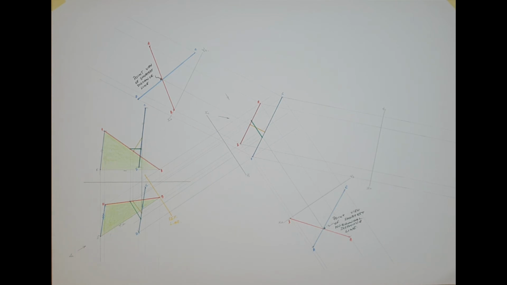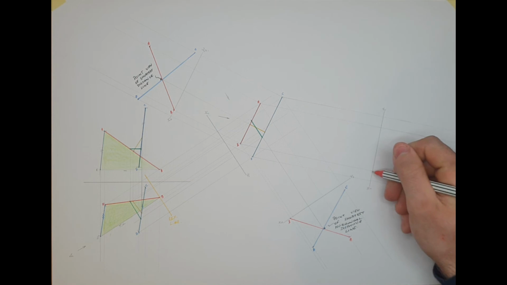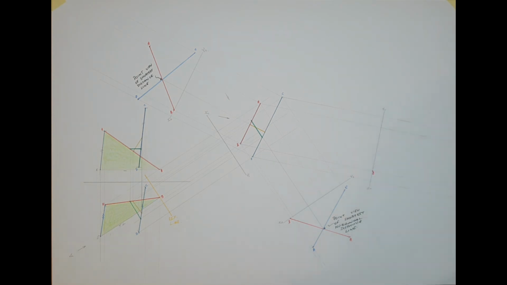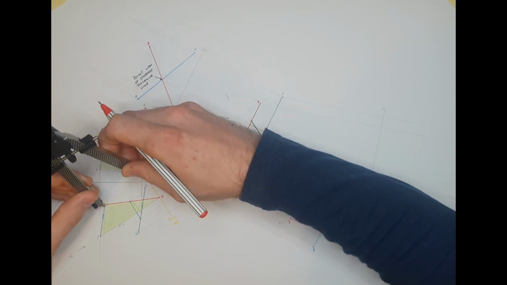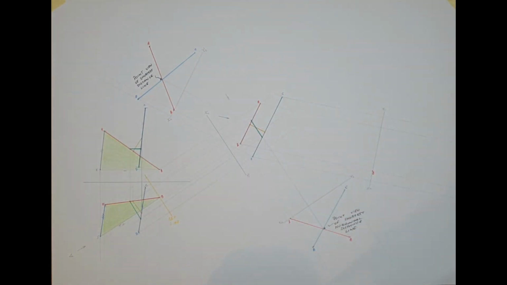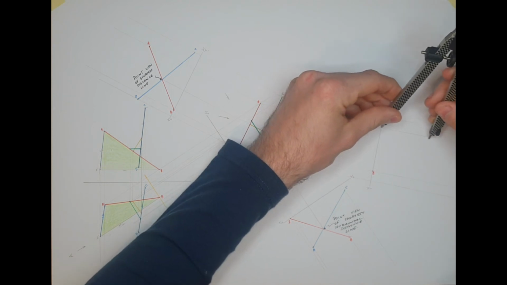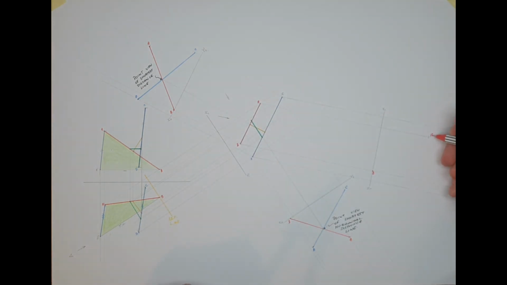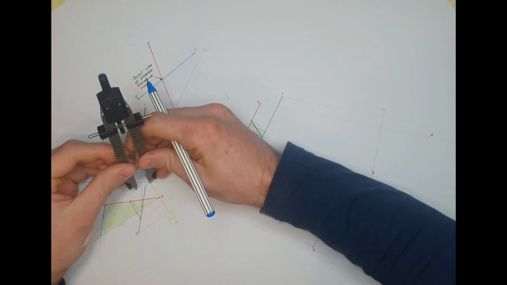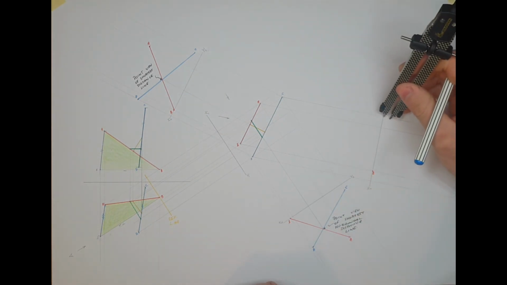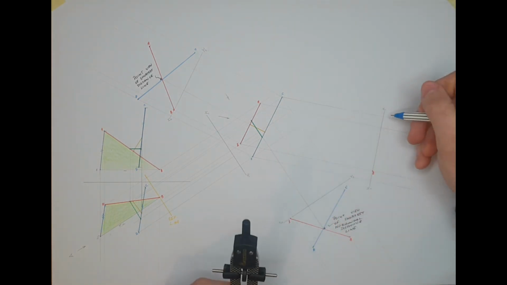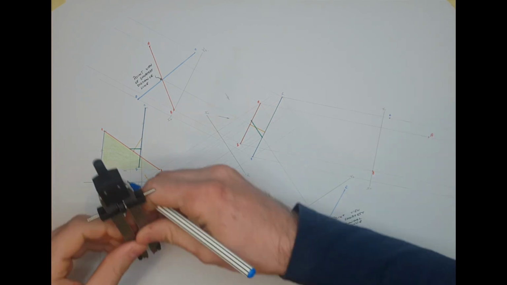I'll repeat the process of finding my points here, with point B being on the reference line. Point A. Point C. And point D, finally.